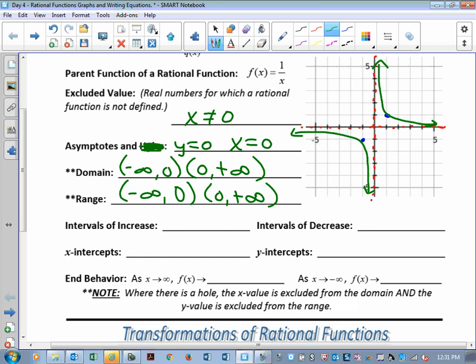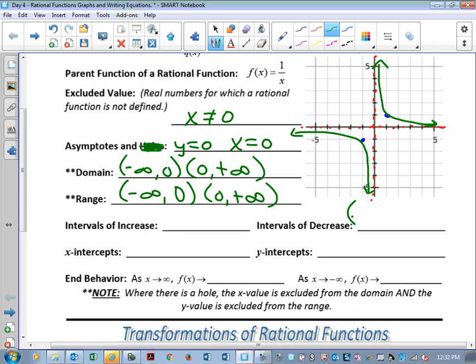All right, intervals of increase and decrease. This old favorite. This is where most people had trouble earlier in this year. So let's see how we do. If I was walking on my graph from the left side, and I'm walking along my graph, am I going up or down? Okay, so that's an interval of decrease.